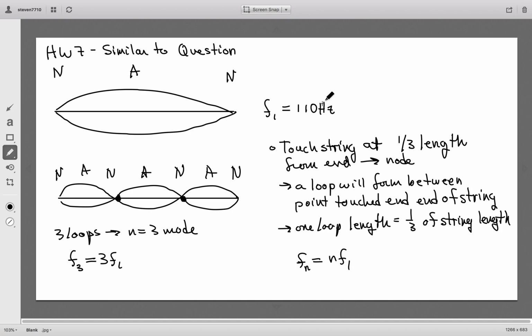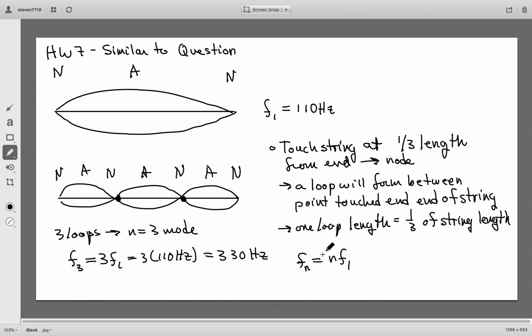So the easy answer is, if F1 is 110 hertz, then F3 is 3 times 110 hertz, or 330 hertz.